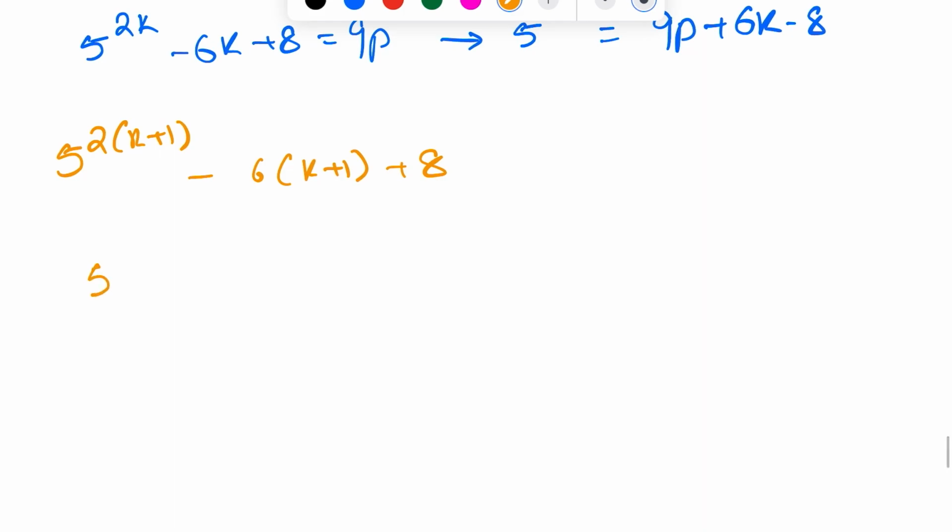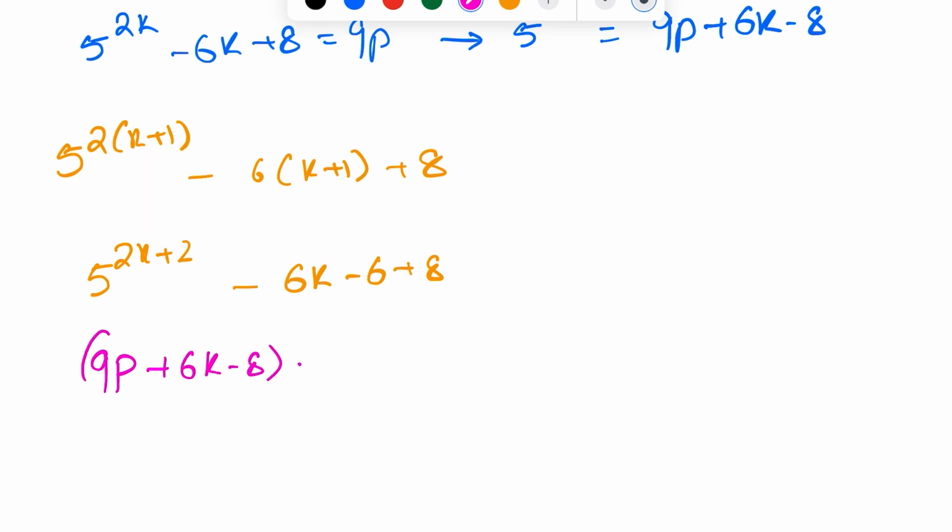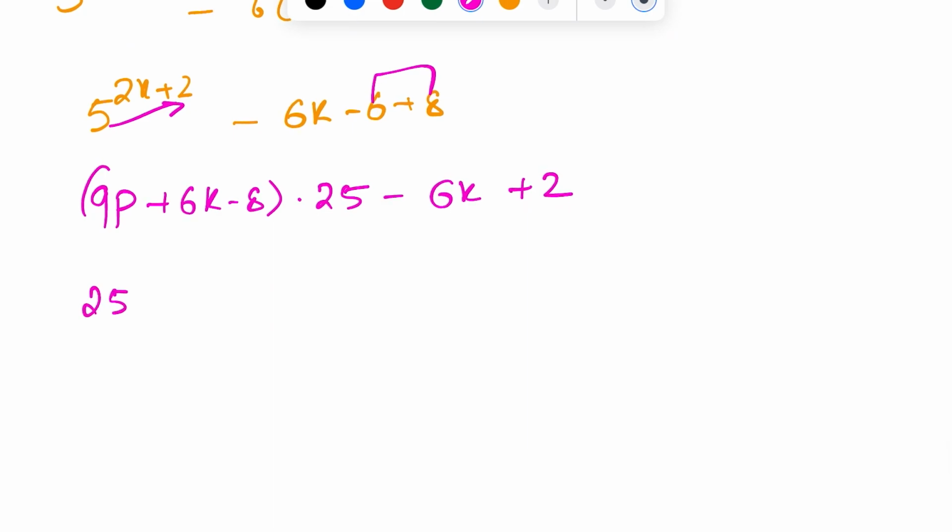So what does that become? 5 power 2k plus 2 minus 6k minus 6 plus 8. 5 power 2k can be plugged in as (9p plus 6k minus 8) times 5 power 2, which is 25, minus 6k, 8 minus 6, which is 2. So it becomes 25 times 9p plus 25 times 6k minus 25 times 8 minus 6k plus 2.